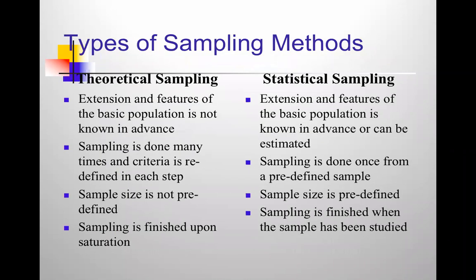So here's a comparison between theoretical and statistical sampling. Some of the main things here: sample size is predefined in statistical sampling because you need a certain number of people to give you data in order to complete a statistic. Whereas sample size is not predefined in theoretical sampling because you don't know when saturation is going to be met until it's been met.